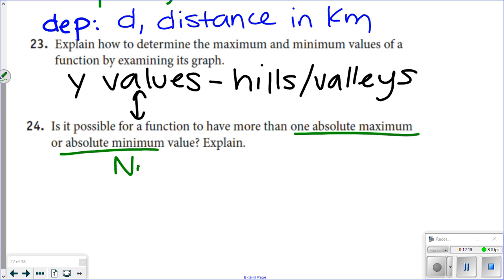So this would be no. An absolute minimum or maximum cannot be more than one value. If 0 is the lowest, that's the answer. If 15 is the lowest, that would be the answer. All right, we're done with that lesson.